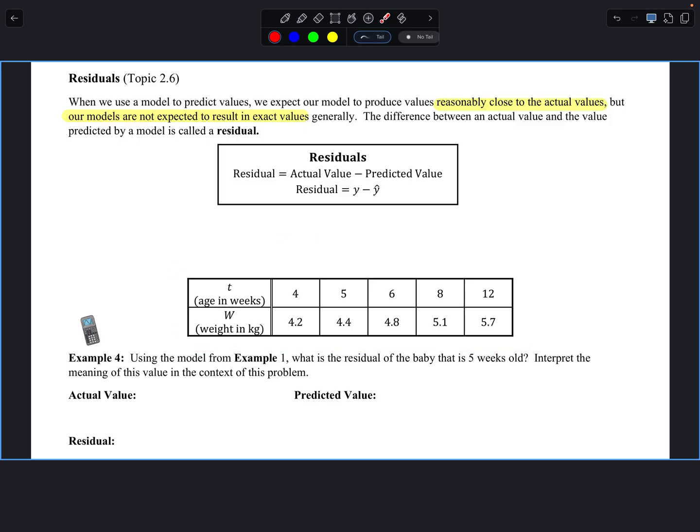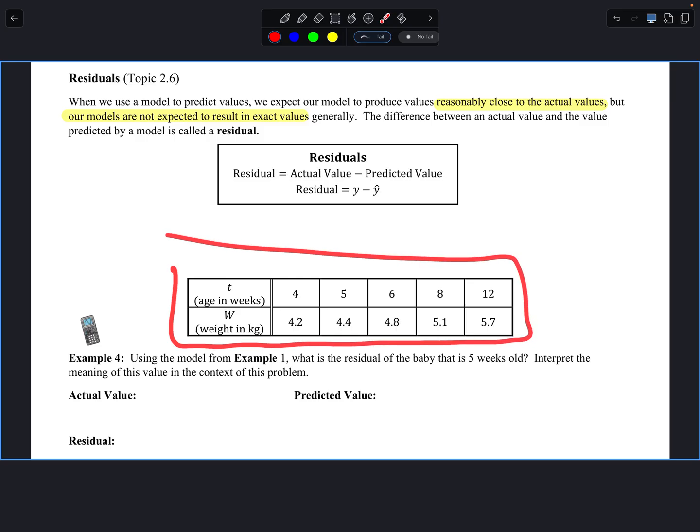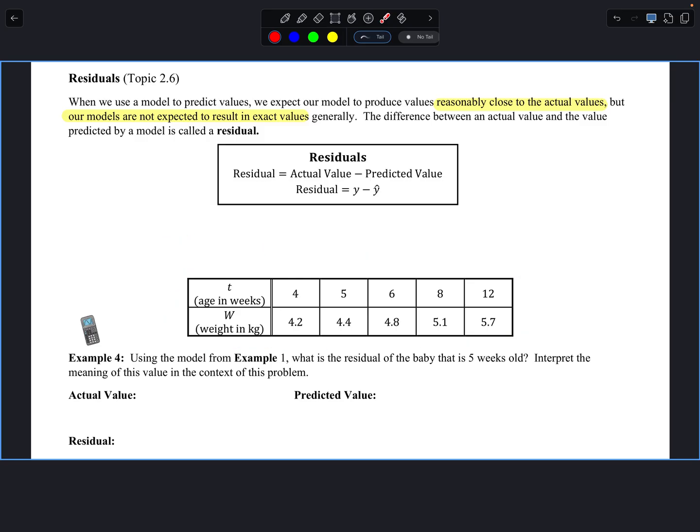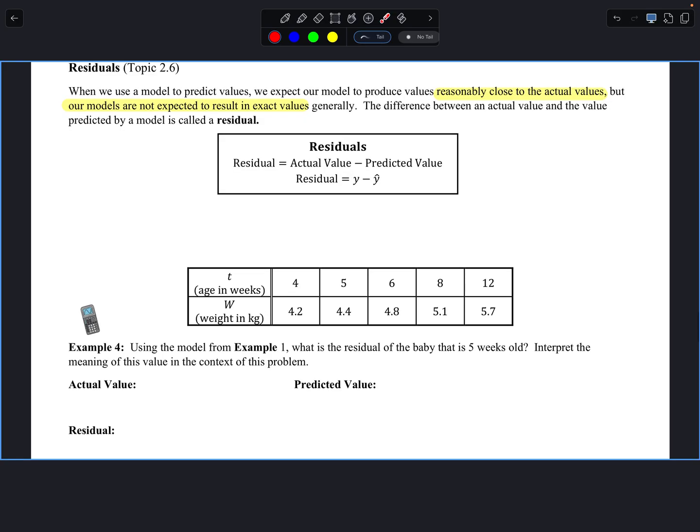So let's think about this. What type of model was it in the very first example we did? What type of function? The very, very first one. Linear, right? Y equals mx plus b. The slope is constant. So do you guys see how this is going up by 1? This is going up by 1, okay? This is going up by 0.2.